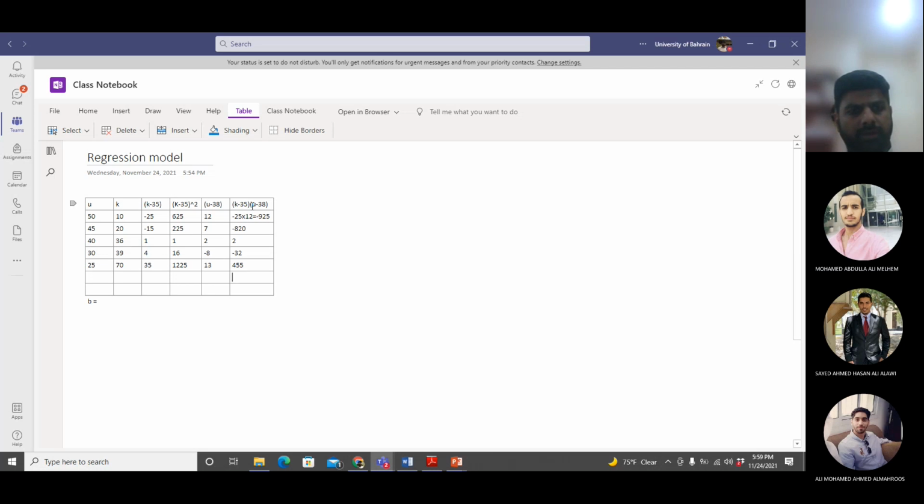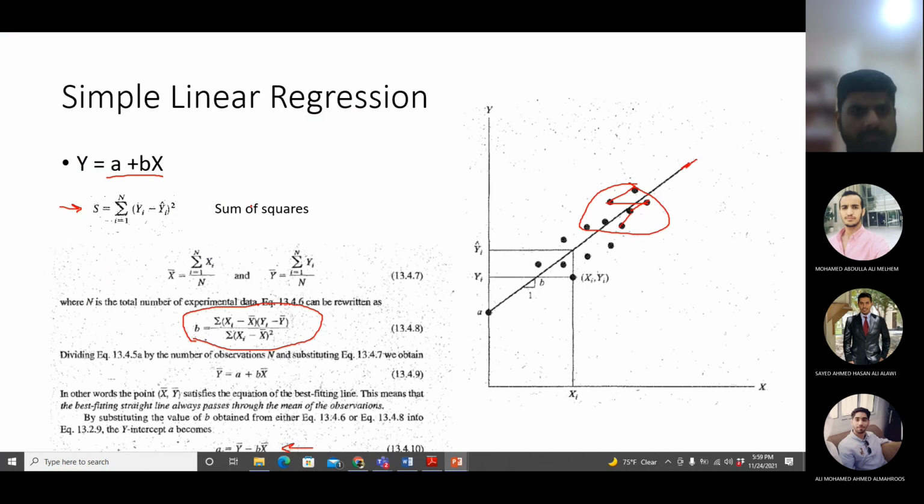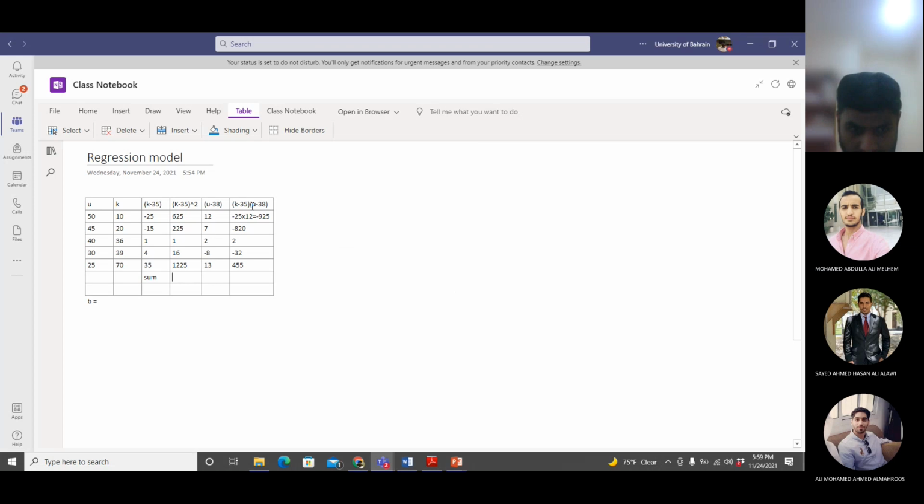I need summation of the last column and the square column. Okay, 625, 225... 2092. Okay, then the last column.